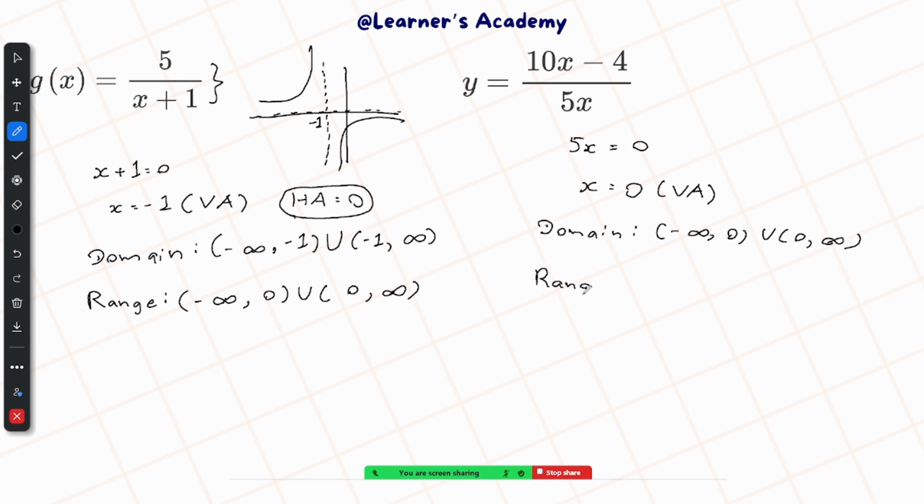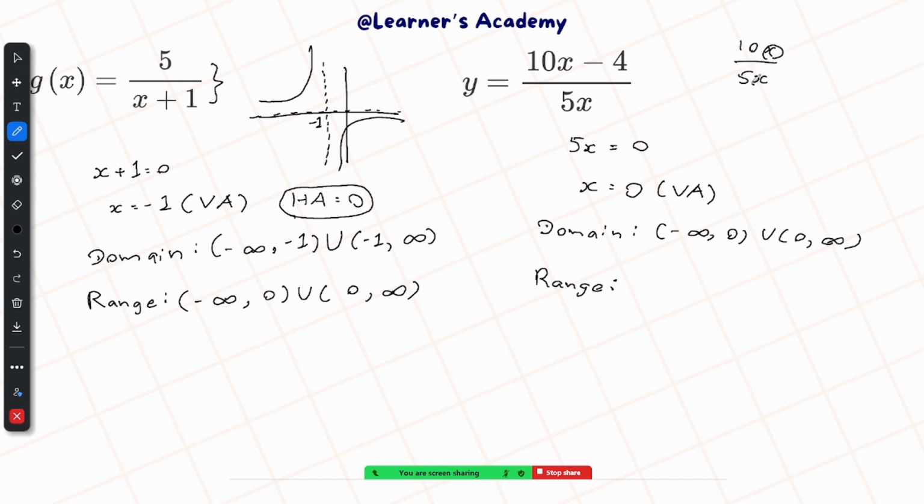And then range. When it comes to range, the thing that I can explain here for now is that when we have two variables, one in the denominator and one in the numerator, that have the same degree, we can put the coefficients into a ratio. Say for example, we have 10x and 5x here.